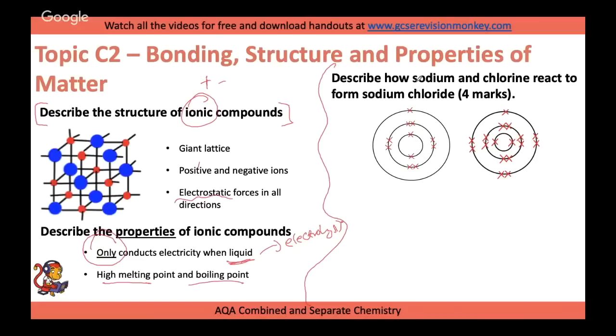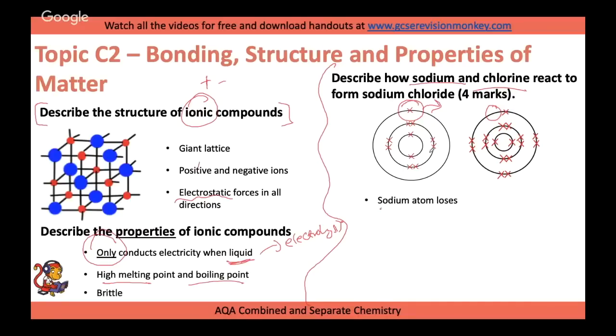And you need to recognize that it's a metal and a non-metal, so it's going to be ionic bonding. So in this case, sodium has 1 electron in its outer shell that it wants to lose, and chlorine has 1 space in its outer shell that it needs to gain the electron. So many people lose easy marks here, so bullet point it and make it really clear.